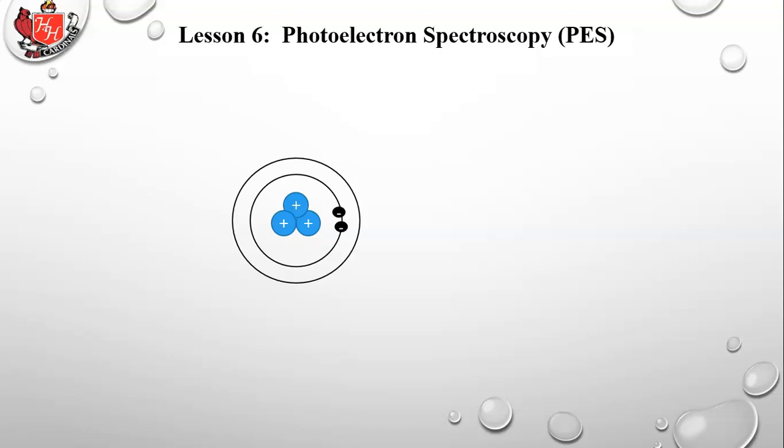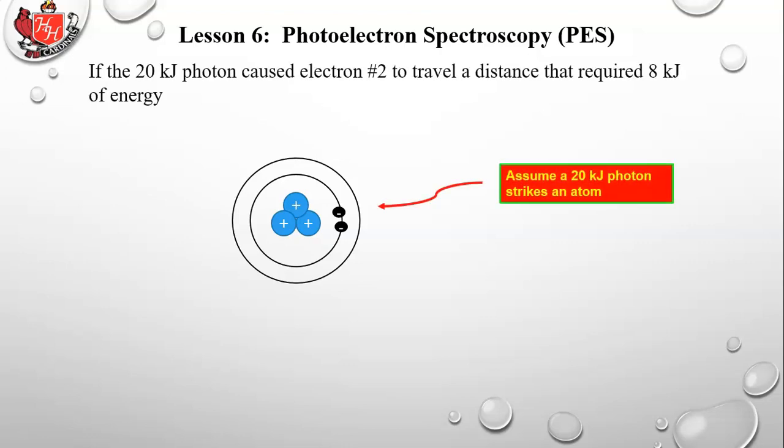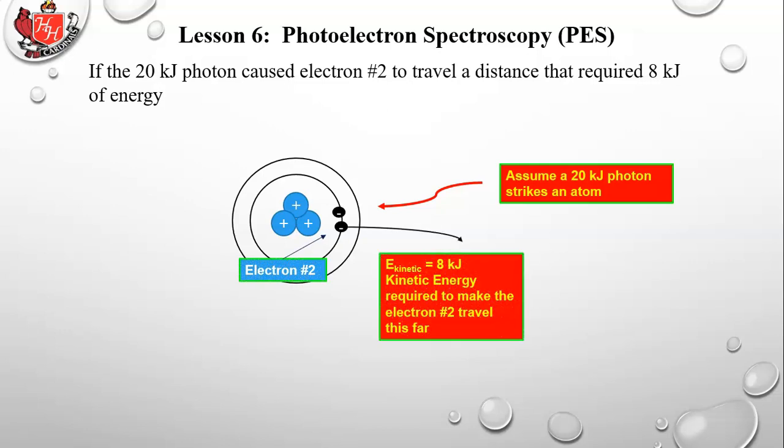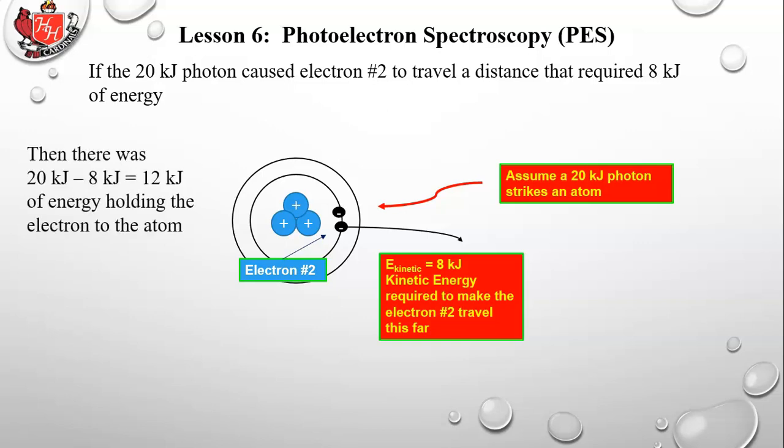Now that that electron is gone, let's say that we hit electron number 2 with 20 kilojoules. It can only fly a distance that requires 8 kilojoules of energy. So there were 20 minus 8 equals 12 kilojoules of energy holding the electron to the atom.